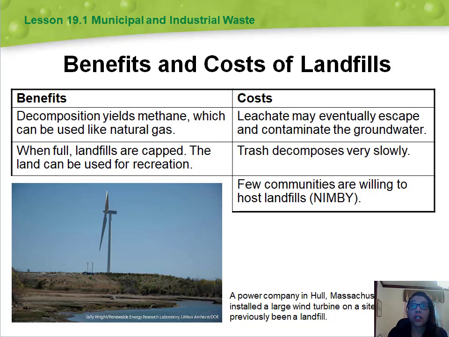At Fresh Kills, collection wells pull landfill gas upward through a network of pipes by vacuum pressure. The gas is tapped and can actually provide enough energy for 25,000 homes.